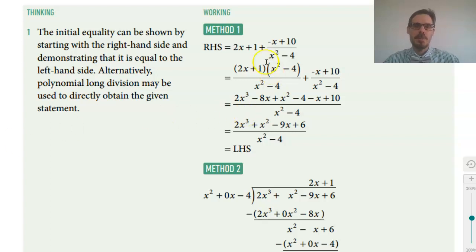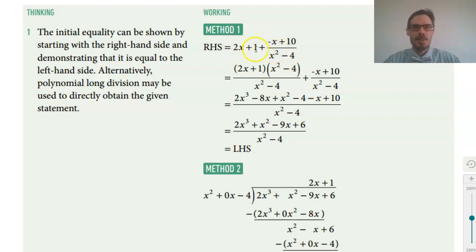So the first approach is just to try to start with what they've provided, and I actually think this is probably the simplest way if you are given the equivalence. This is kind of a whole and fractional part version. So what you can do is fraction addition.